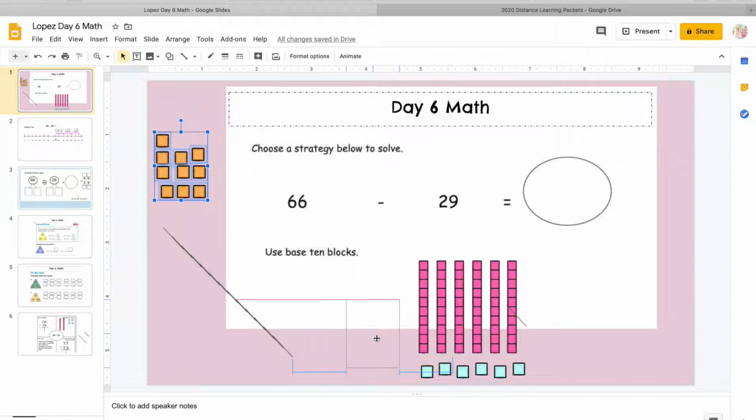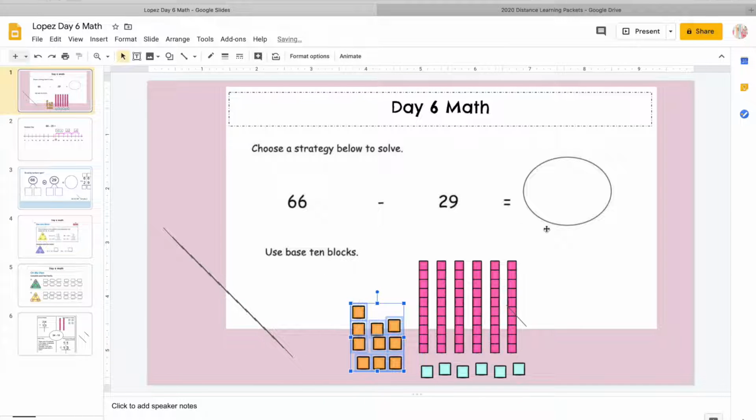So now we will be able to subtract 66 minus 29. The first thing we're going to do is cross out 2 tens. 1 and 2. And now we need to cross out a total of 9 ones. And now that we've regrouped, we have enough to do that.